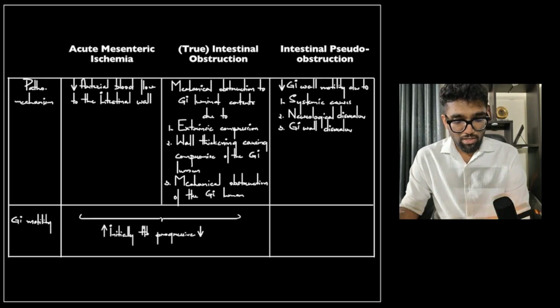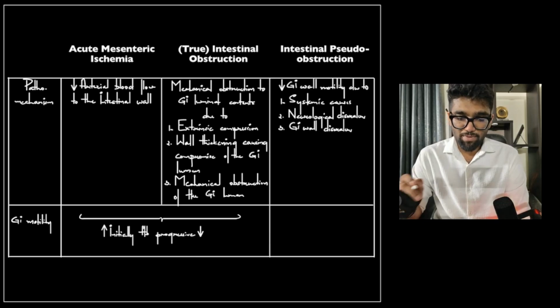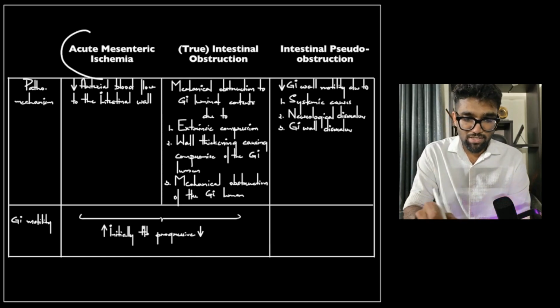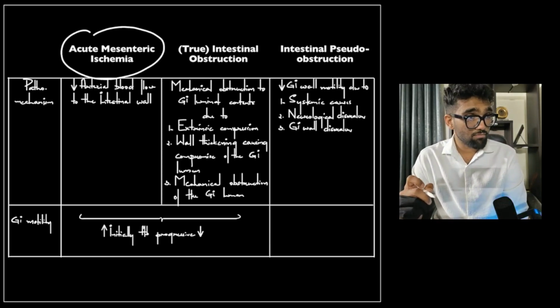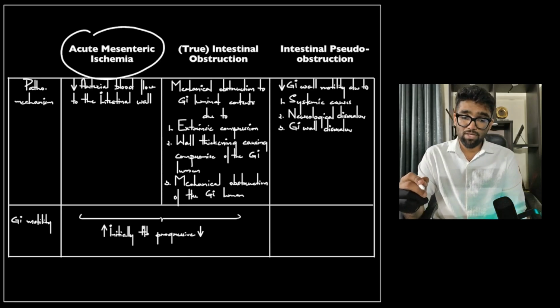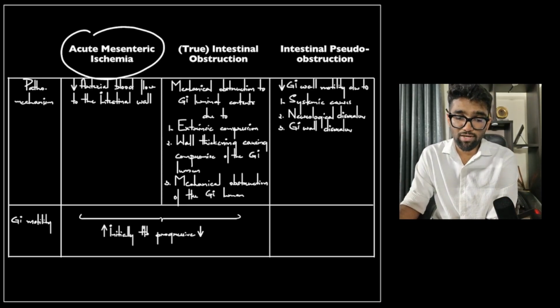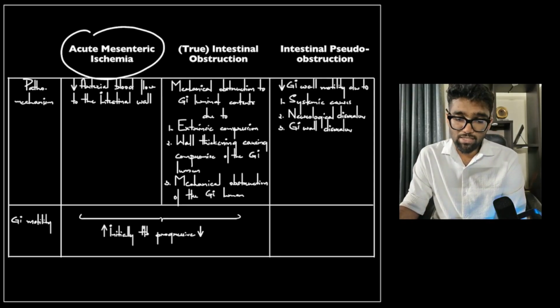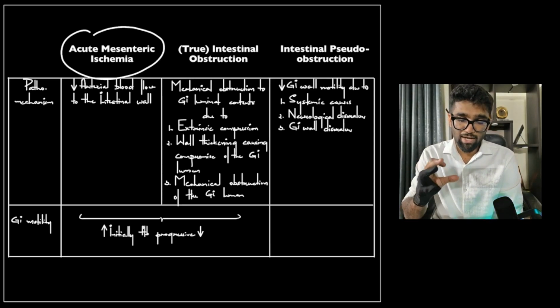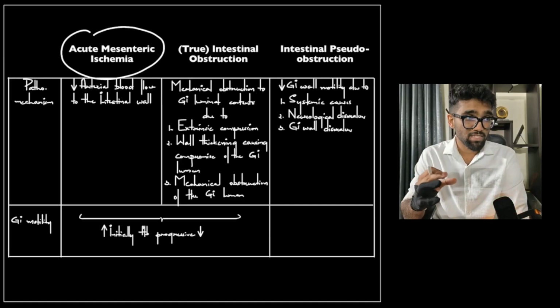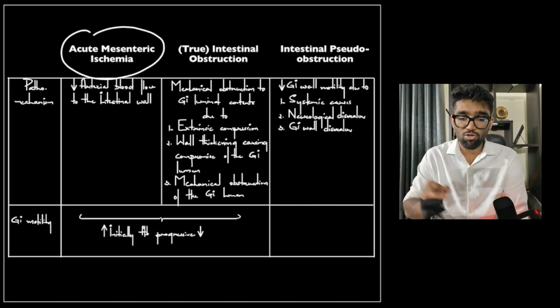Now, decreased gastric motility is expected in the case of acute mesenteric ischemia, because, as is obvious, ATP or energy is required for both muscle contraction and relaxation, and also initial mesenteric ischemia causes activation of sensory and visceral efferents within the wall of the intestine.